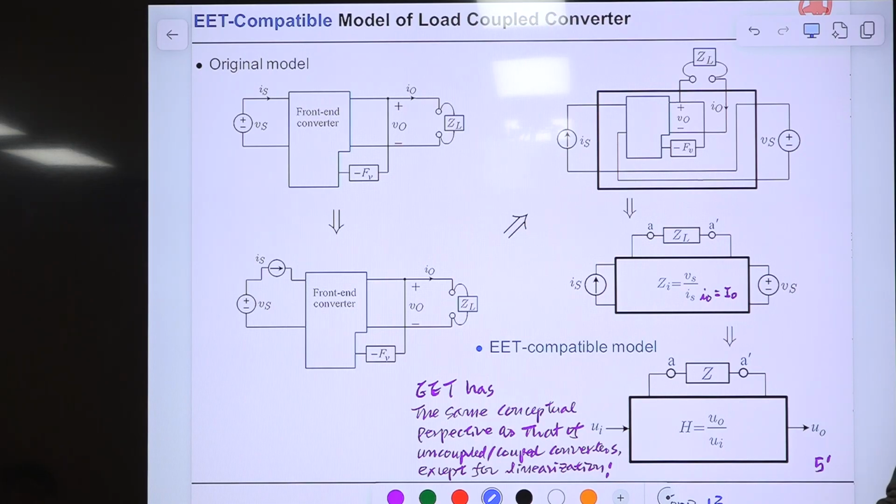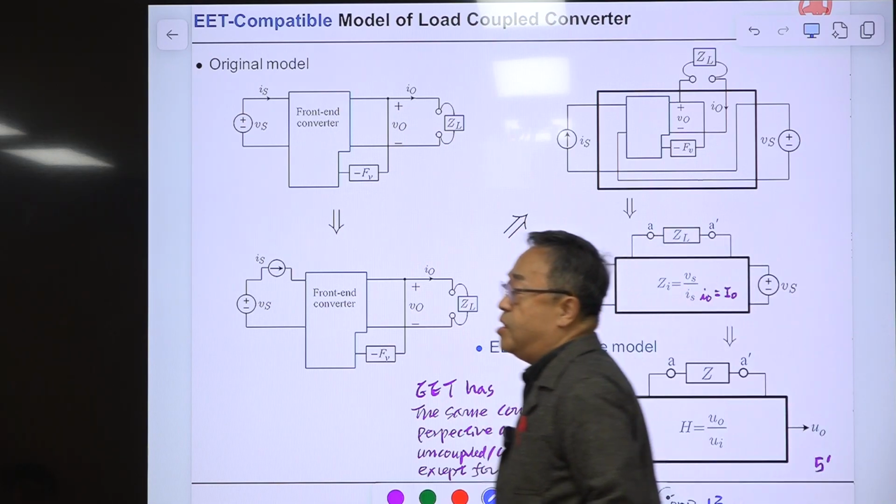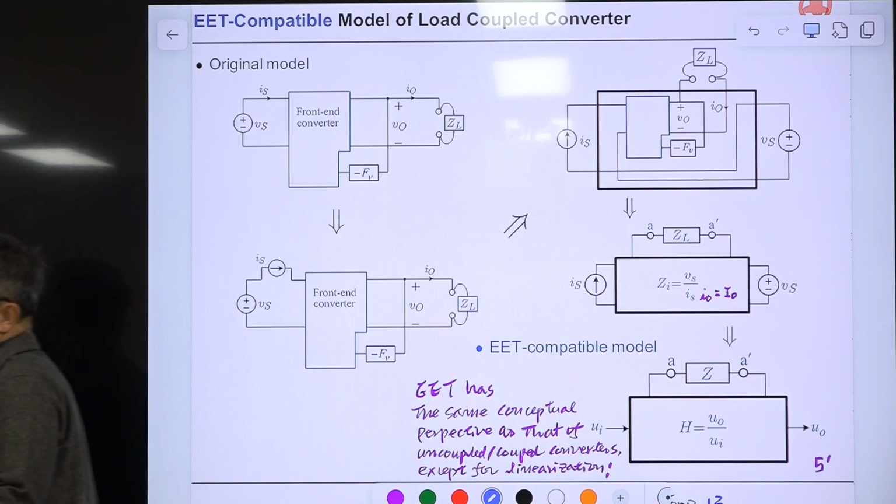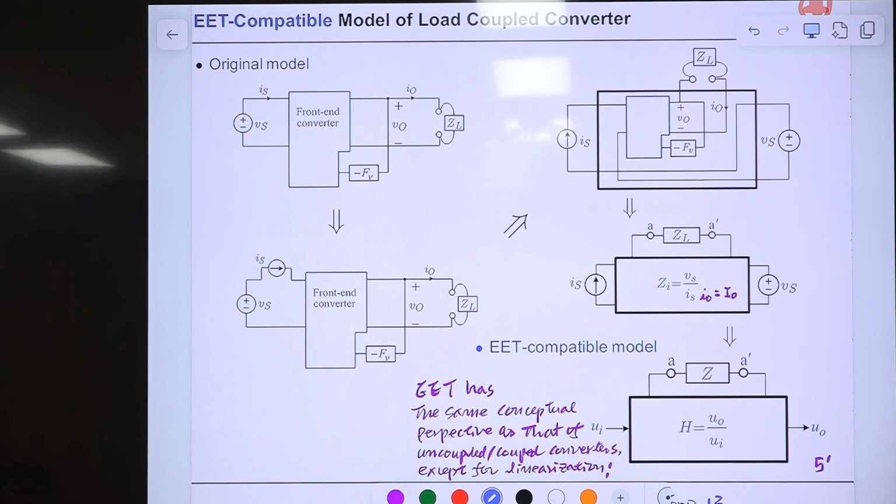That was nameless. Middlebrook arranged it in this manner, and he named this theorem the extra element theorem. After that, it is known as Middlebrook's EET. This is a very natural way of thinking.